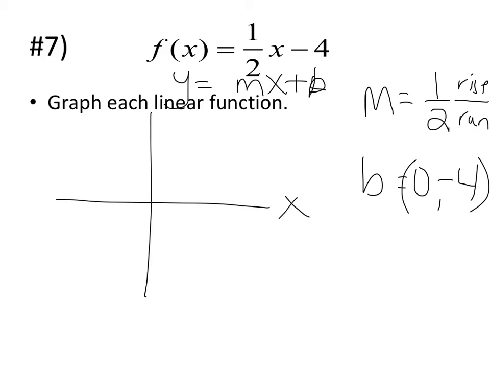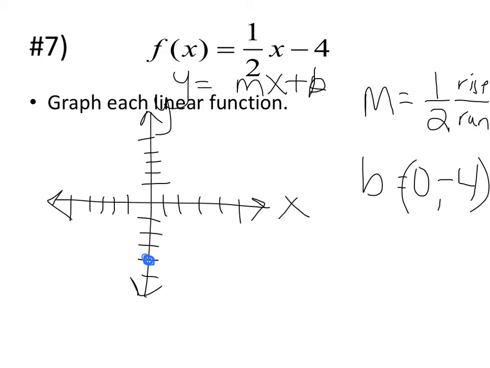So now you're going to graph it, x and y. Plot your y-intercept, 0, -4, is right here. From your y-intercept, rise 1, run 2. So you end up right here. Okay, connect your points, and you're done.